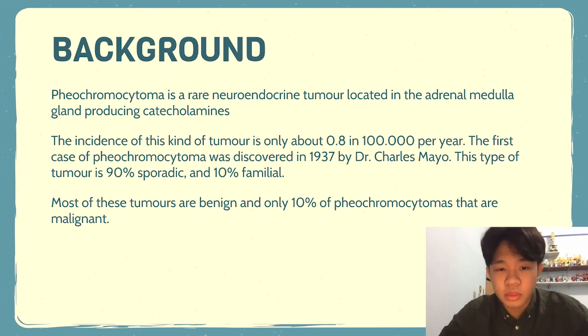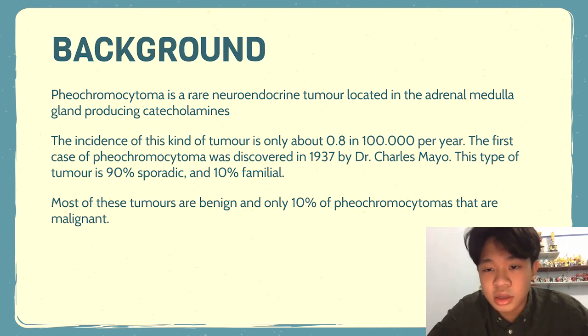So the pheochromocytoma is a rare neuroendocrine tumor that is located in the adrenal medulla gland that can produce catecholamines. This type of tumor is derived from the sympathetic or parasympathetic nervous system's chromaffin cells.